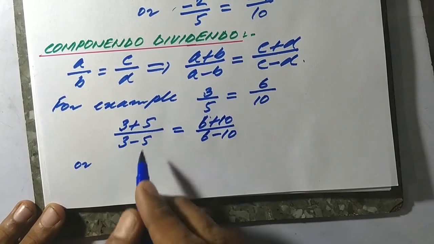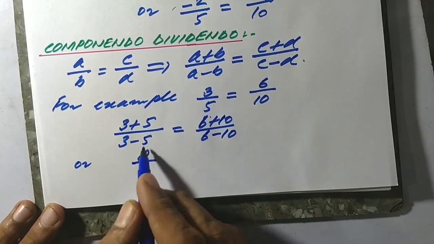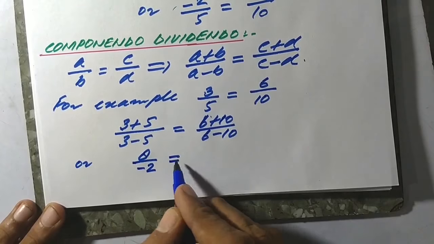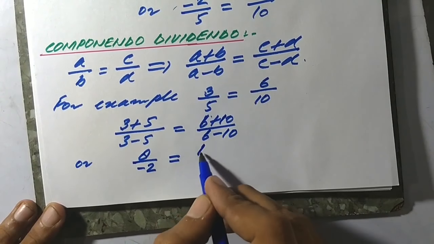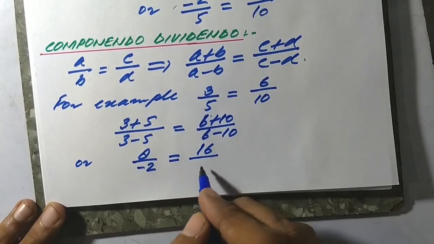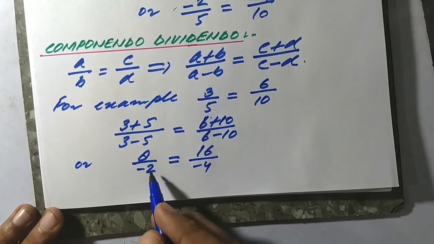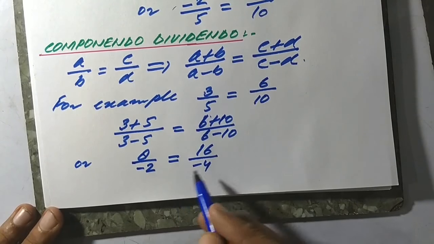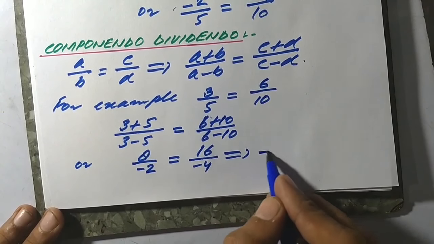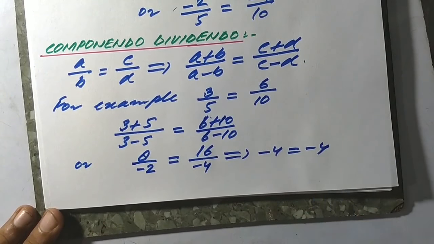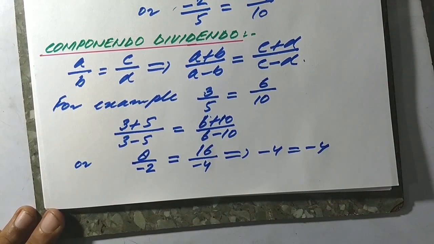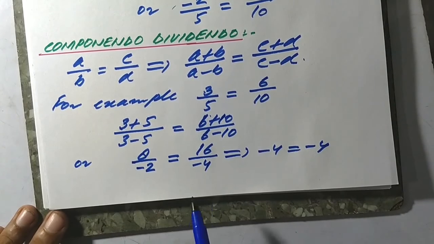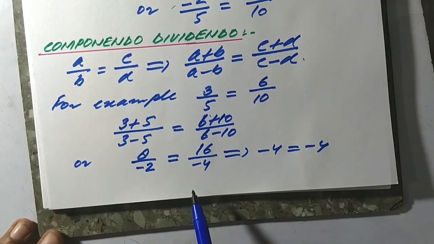So we get 8 upon minus 2 is equal to 16 upon minus 4. So as you see, minus 2 will divide 8 minus 4 times, and minus 4 will divide 16 minus 4 times. So minus 4 is equal to minus 4. So the result is valid. So this is componendo and componendo dividendo.